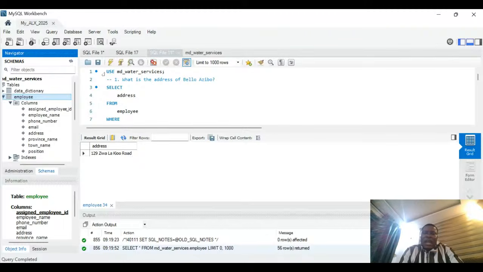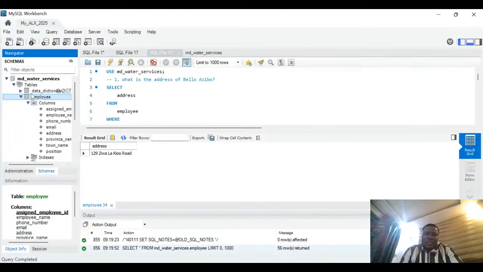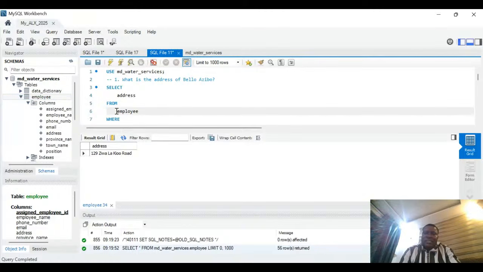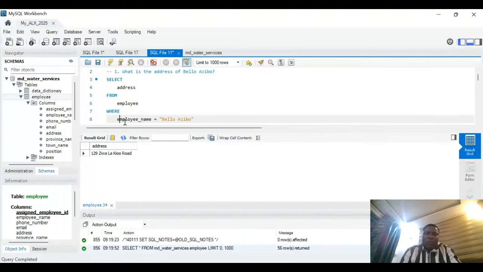Once I have the schema highlighted, which is the database highlighted, I can write any code without having to put the MD Water Services in front of it, and it will still work. So with this, we say where employee name is equal to Bello Azibo.